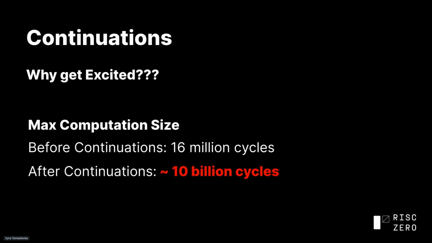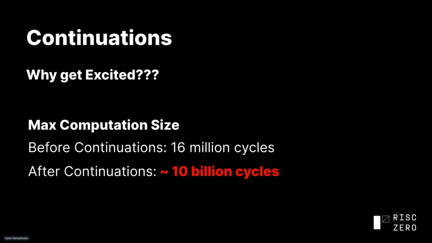You can also validate it on chain, and we also introduced Docker to make sure that you can run deterministic compilations. And the introduction of continuations and Bonsai makes the whole system faster and allows very, very large programs to be used as an input to the ZKVM and to generate ZK proofs.